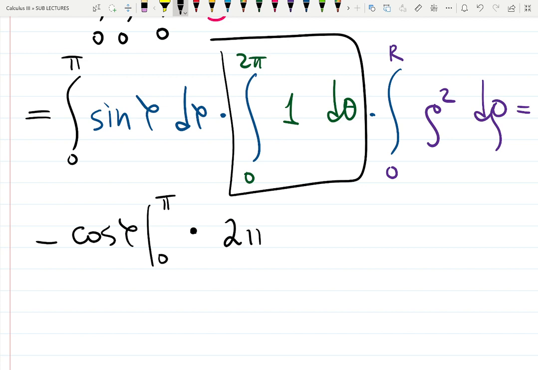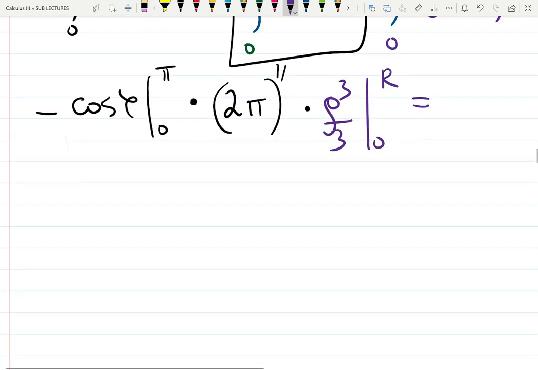So that is just 2 pi. Or you know it's theta, plug the top minus plug the bottom gives you 2 pi minus 0. Times rho squared gives you rho cubed over 3, or 1/3, you said, that's good. From 0 to r equals.